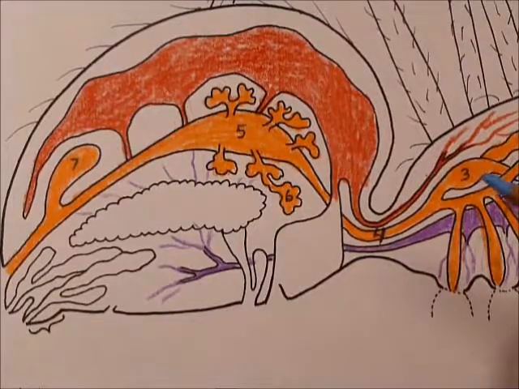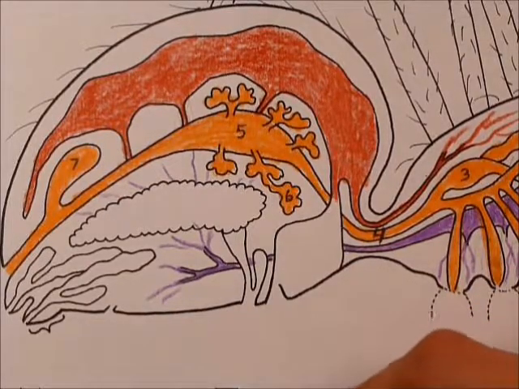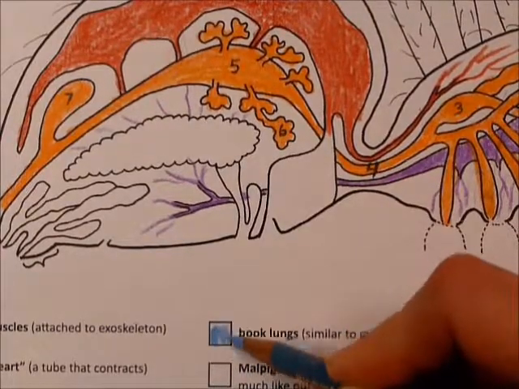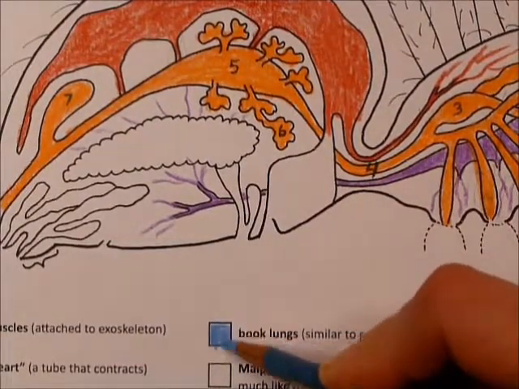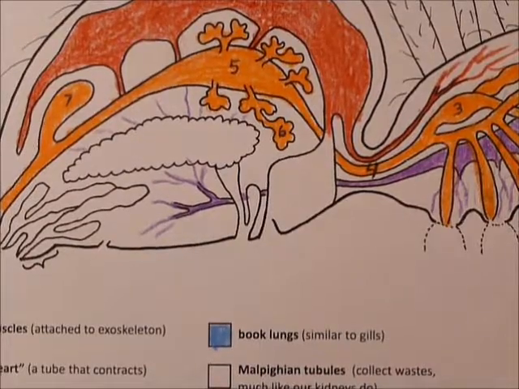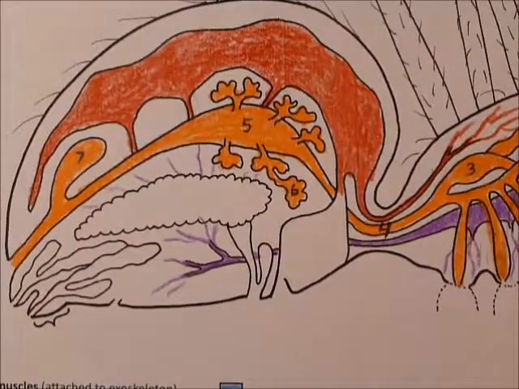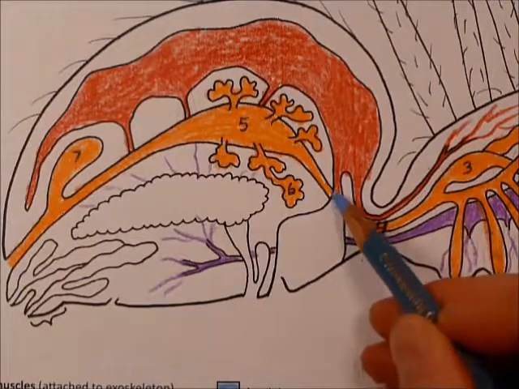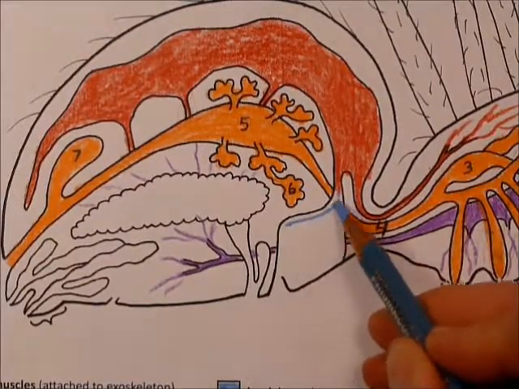And I'm going to just choose a blue. It's right here, book lungs, the first box in the second column where it says book lungs. And they're called book lungs because it looks like they have pages, like a book. So we're just going to make some lines like this.